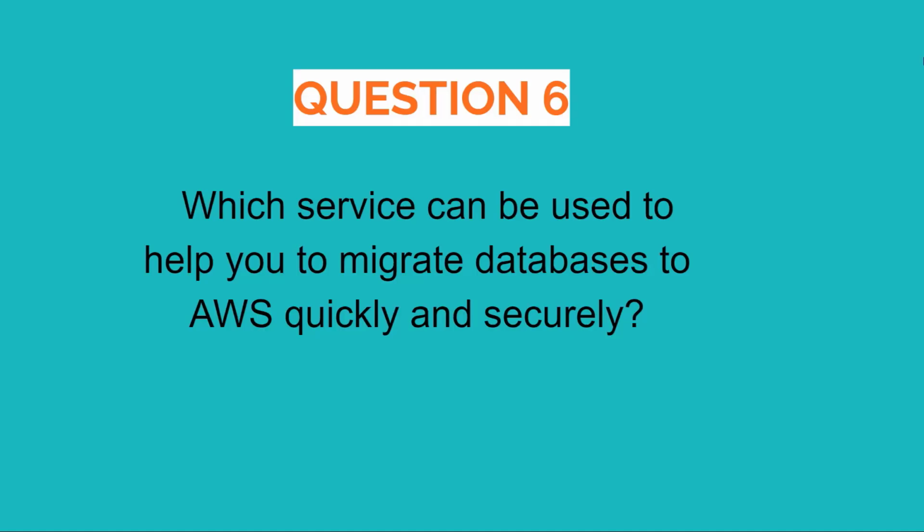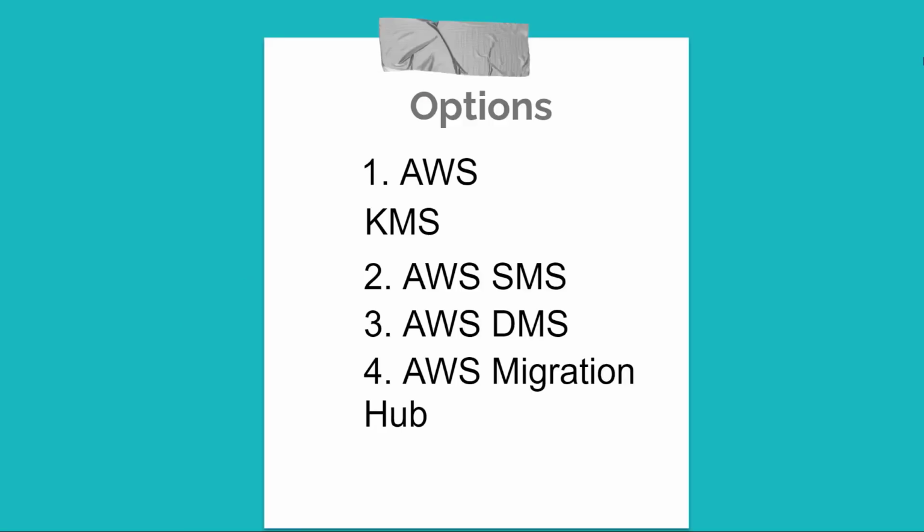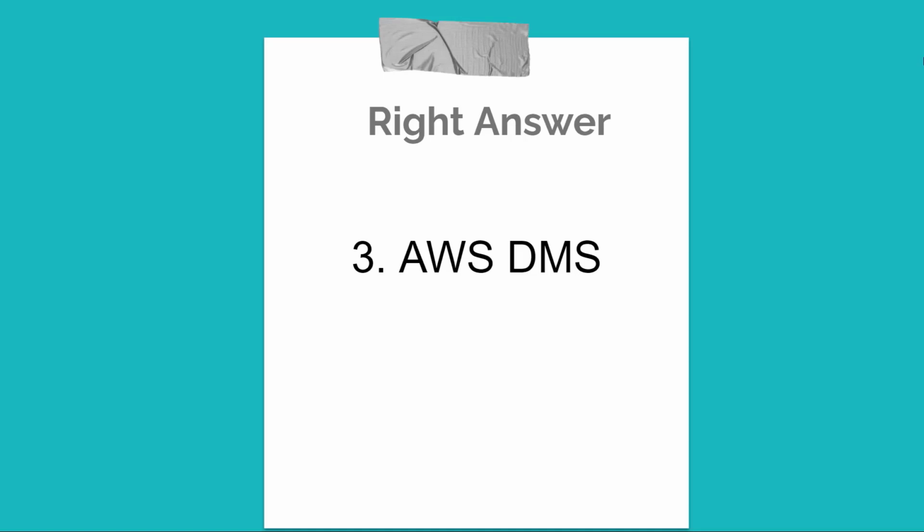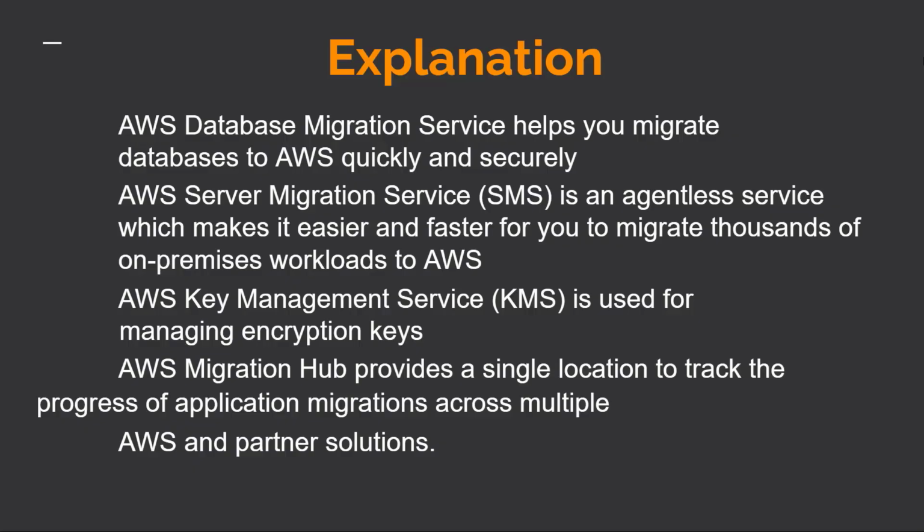Question. Which service can be used to help you to migrate databases to AWS quickly and securely? Option 1. AWS KMS. 2. AWS SMS. 3. AWS DMS. 4. AWS Migration Hub. Right answer is 3. AWS DMS. Explanation. AWS Database Migration Service helps you migrate databases to AWS quickly and securely.